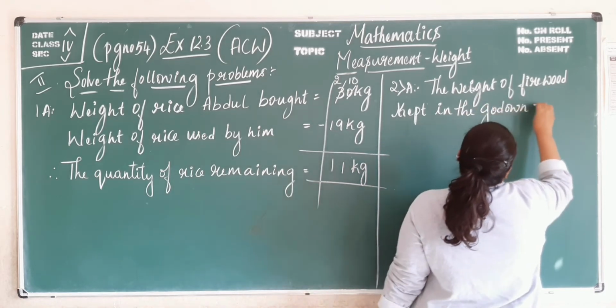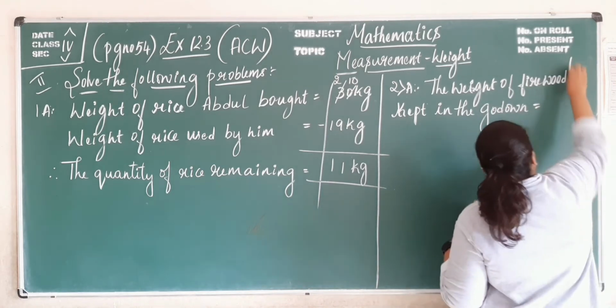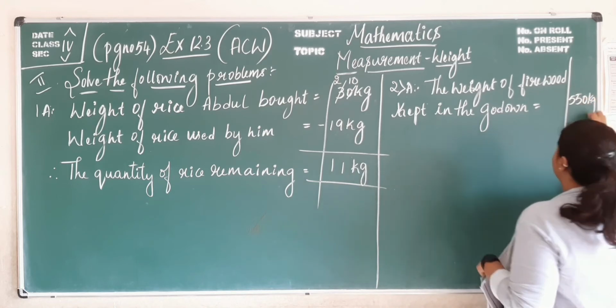So what was the weight of firewood kept in godown? Yes, it was 550 kg.